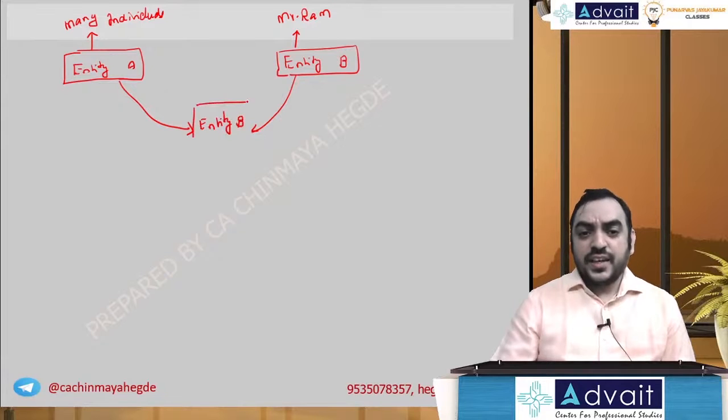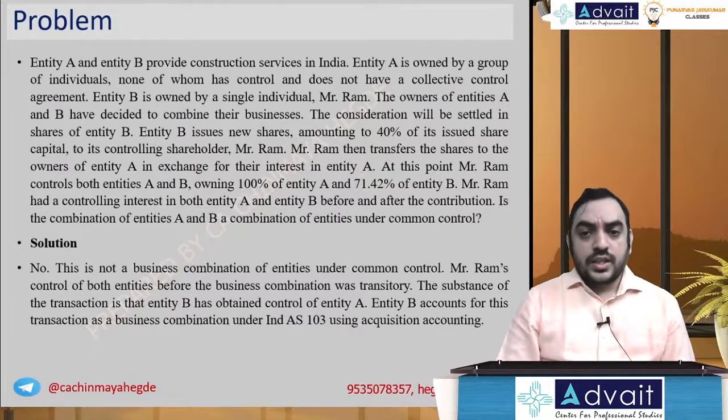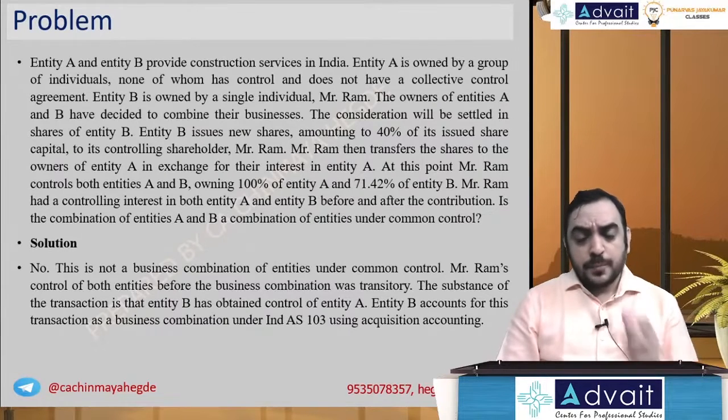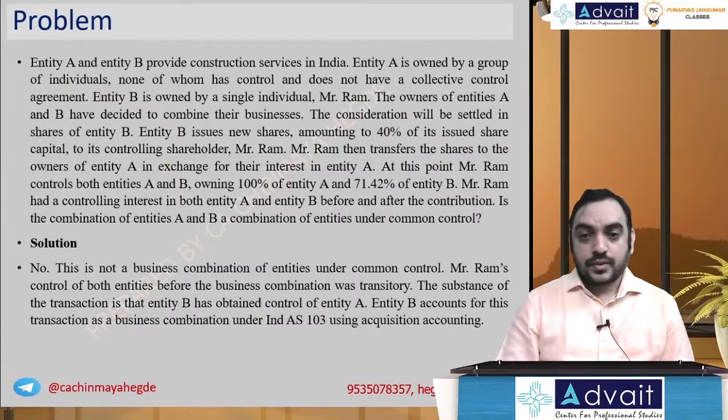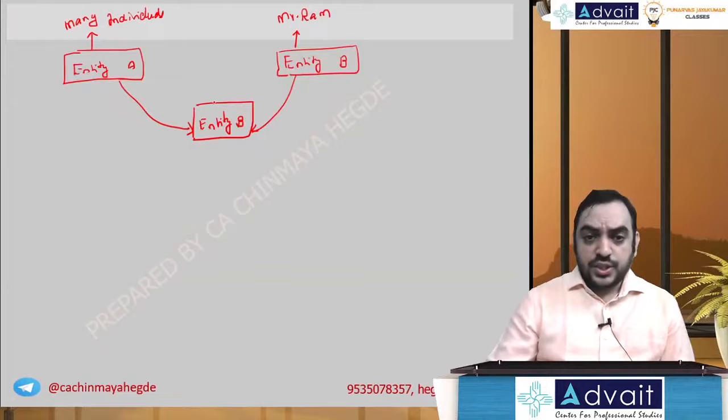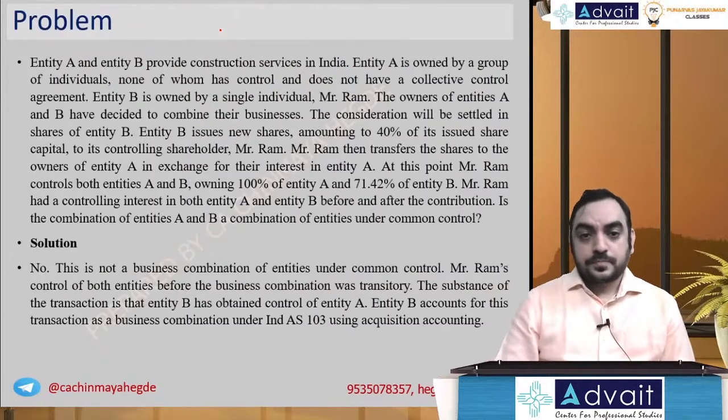So basically, I can say entity B will be the acquirer. The consideration will be settled in shares of entity B. Entity B issues new shares amounting to 40% of the share capital to controlling shareholder Mr. Ram. No, new shares. Okay, so entity B issues new shares to Mr. Ram.